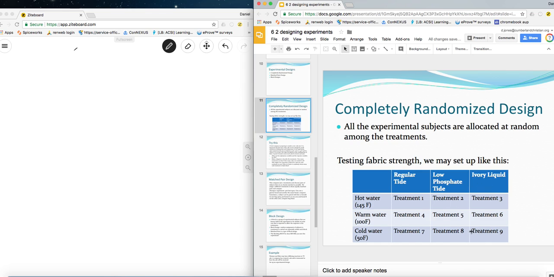Now in each of those, that's not necessarily just one piece of clothing. So maybe they have randomly chosen some colors, some whites, some delicates, and they put some in each treatment to see how it works. But what they're doing is just completely random. You're pulling numbers and sticking that particular material in that combination of treatments.